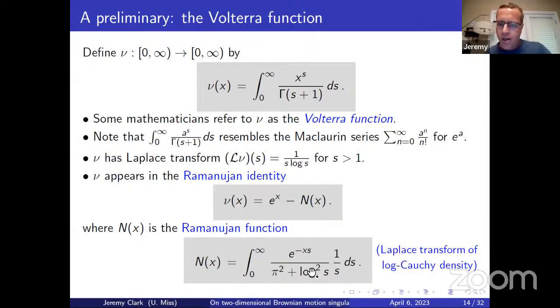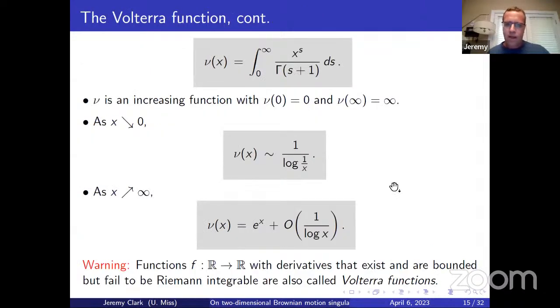The Ramanujan function has this form, and as a statistician you'll notice it looks sort of like a Cauchy distribution, but it has log in there. So this is the log Cauchy density, which is considered to be an ultra heavy tail. For us, the Ramanujan function is just the Laplace transform of the log Cauchy density. That is a very beautiful form.